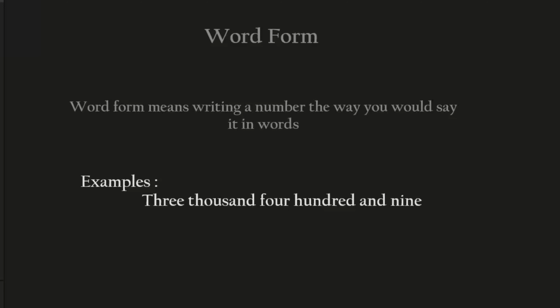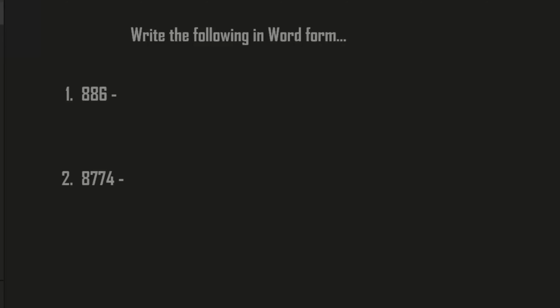Word form is another way of writing numbers. Word form means writing a number the way you would say it in words. For example, 3,409. Now, let's try these two problems. How do you say this number as a word? Say it out loud. 886.